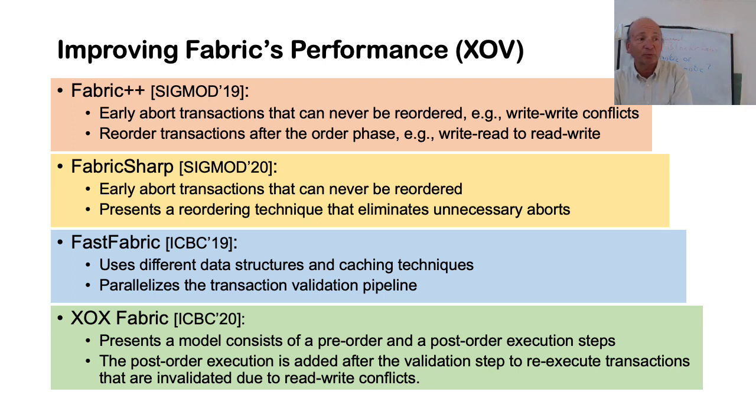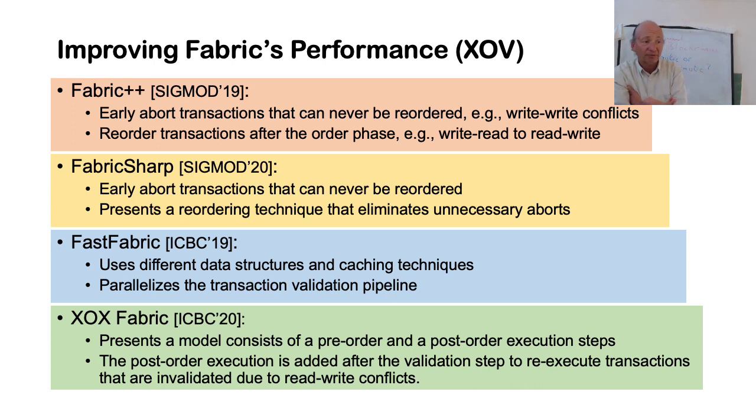So for example, Fabric++ tries to abort transactions early that can never be reordered, so you avoid write-write conflicts, and reorder transactions after the ordering phase, so that if you have a write-read, since the read was reading the initial value, we can switch the order and we end up with a read-write, so that improves performance.